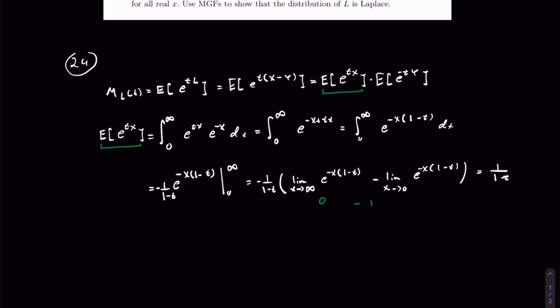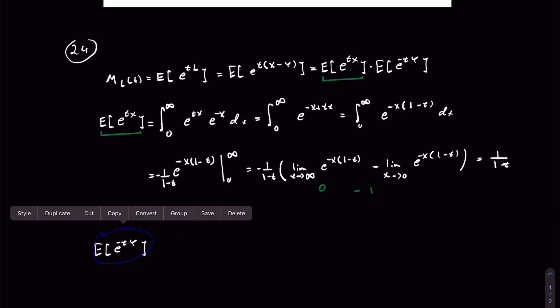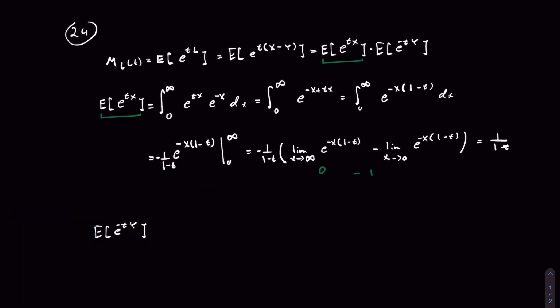Okay, now we do the same thing. So this is 1 over 1 minus t. Calculating this, we end up with a similar expression, but in the reverse. I like to do it again just to be sure that I'm following each step and not making some simple mistake.